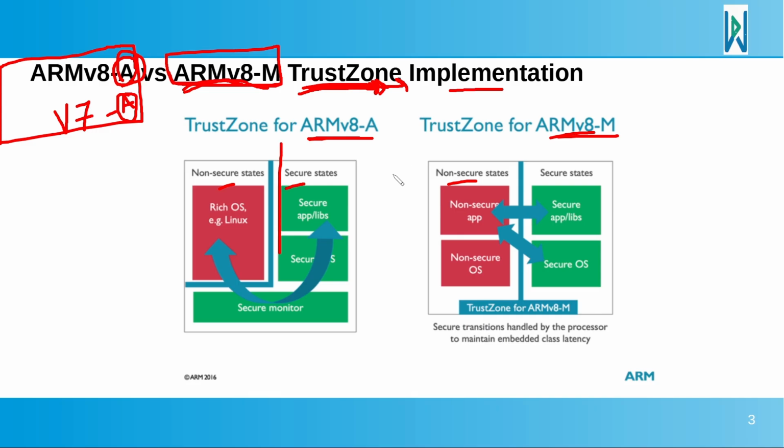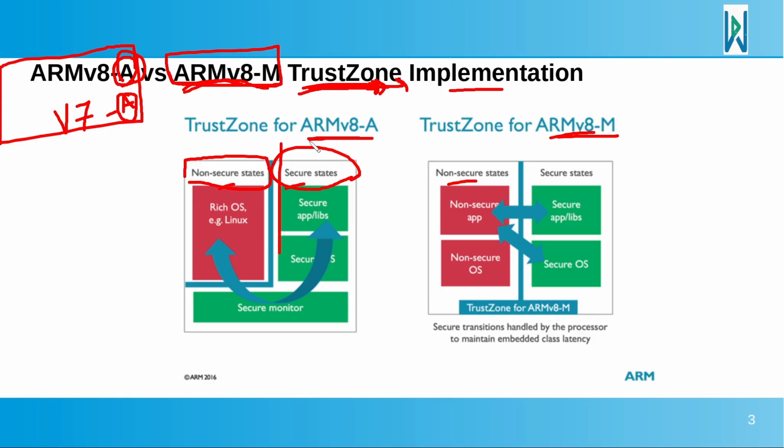So the trusted software will run in secure state, means it will be executed while the CPU is running in secure state. And the non-trusted software or the user application will be executed while the CPU is running in non-secure state.